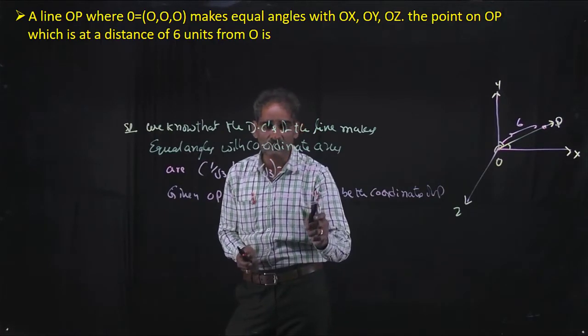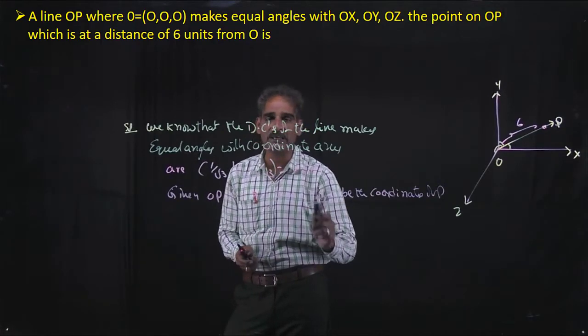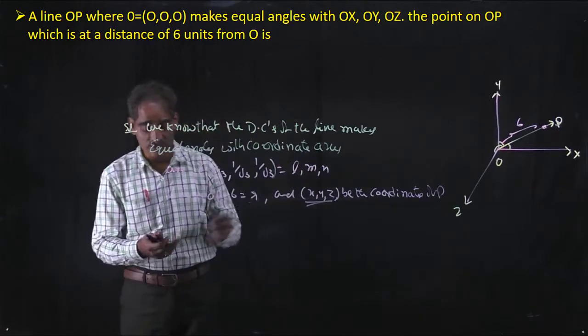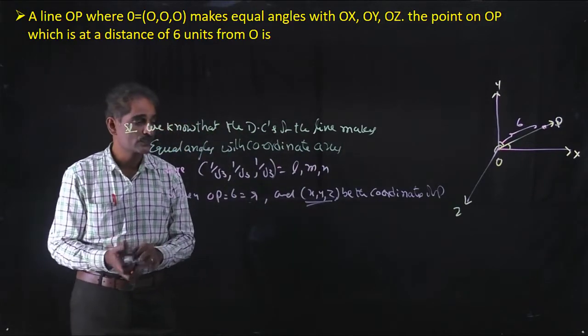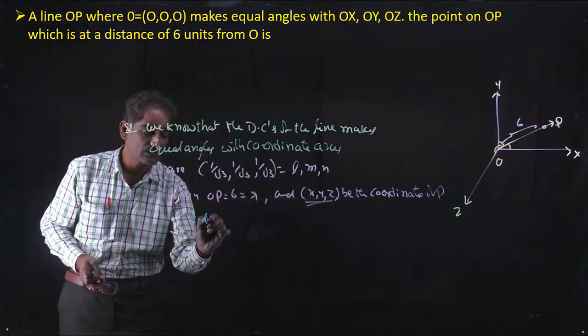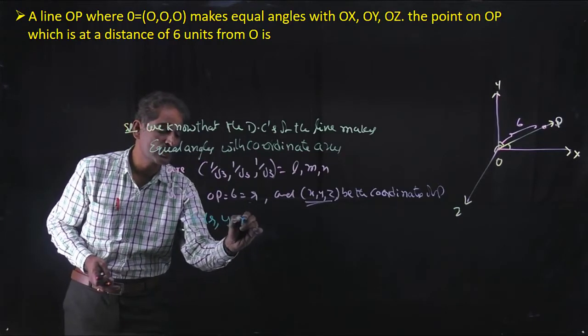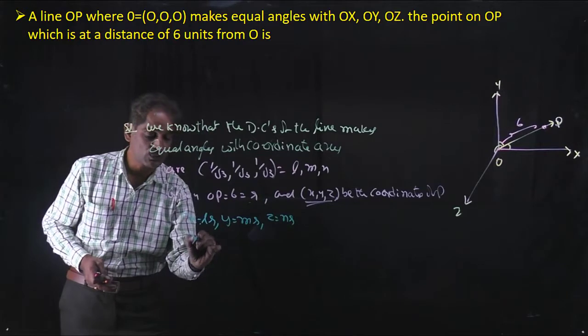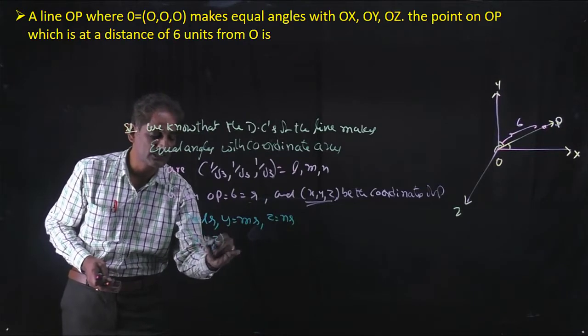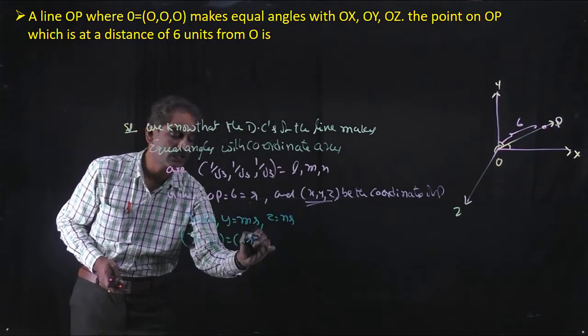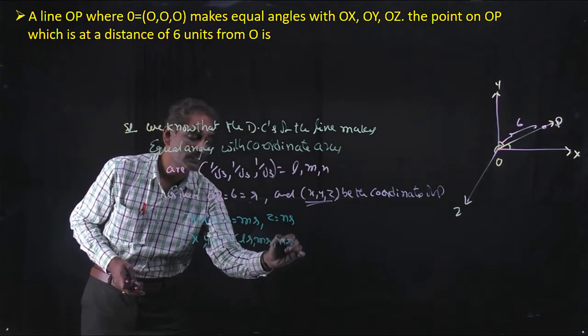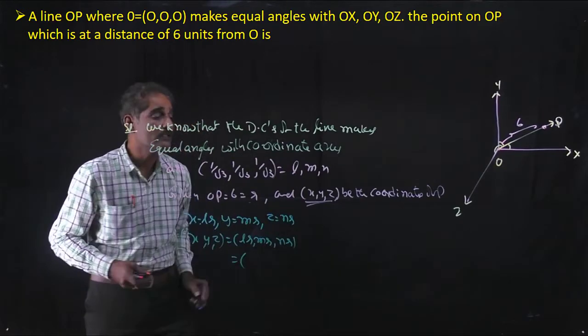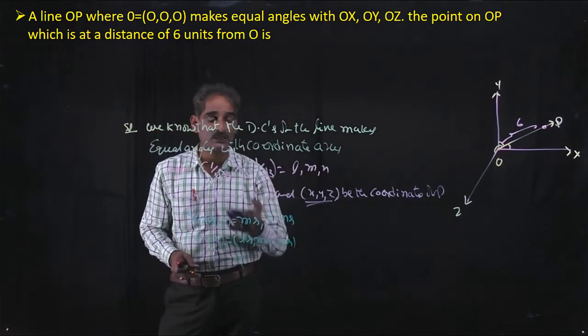So now write down the relation between R, L, x, y, z. We already discussed this in the previous sessions. x is equal to LR, y is equal to MR, z is equal to NR. That means the coordinates of the point x, y, z are LR, MR, NR. Here the values of L, M, N are these and R is there.